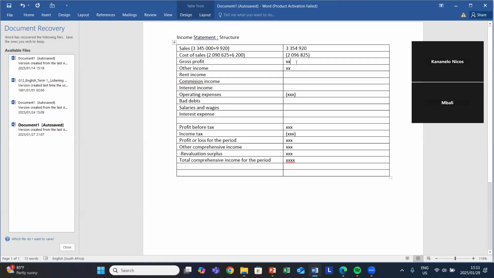At this stage, I think we can calculate our gross profit. We'll say sales minus cost of sales, in which our gross profit will be 1,258,095.